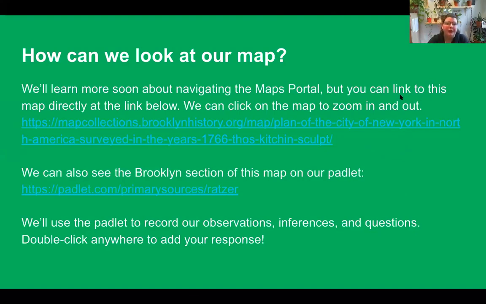To record your answers, you can double click anywhere to post them. I'm going to give you about 4 or 5 minutes to click on the Padlet link and make your observations, inferences, and questions, and then we'll review and discuss our answers. If you have any questions or comments, please put them in the chat and we will help you out.